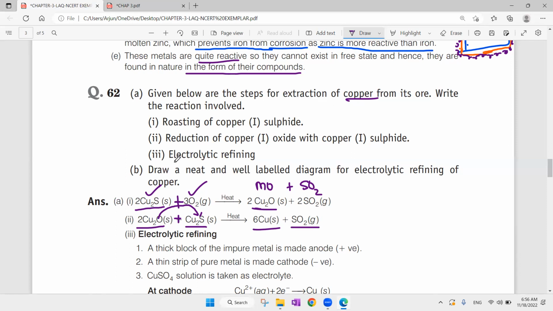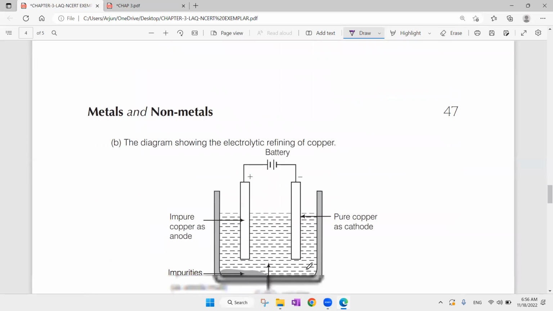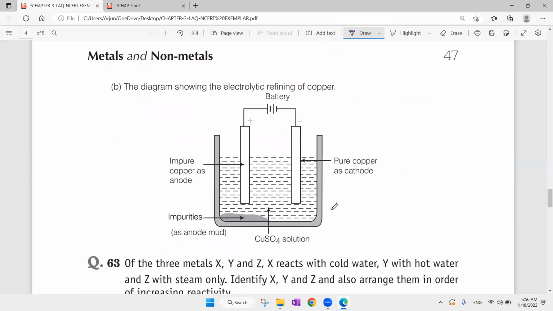Then electrolytic refining. We take a beaker in which there will be an anode, a cathode, and an electrolyte. These three are important. Near the anode, we take impure copper, a thick block.